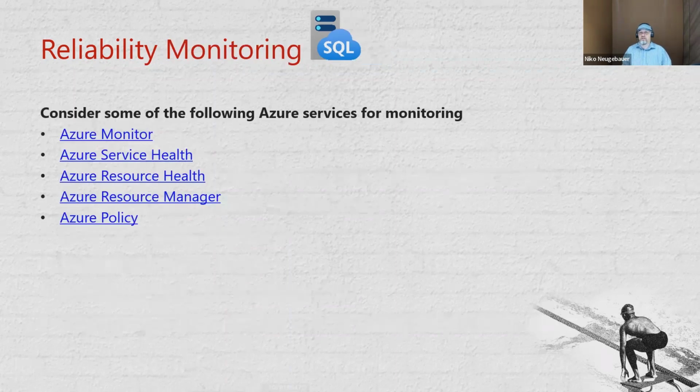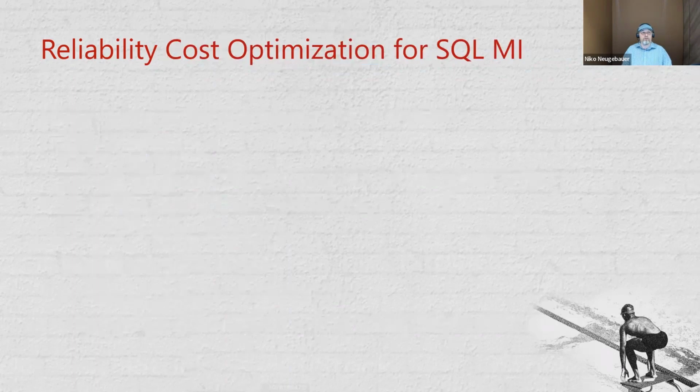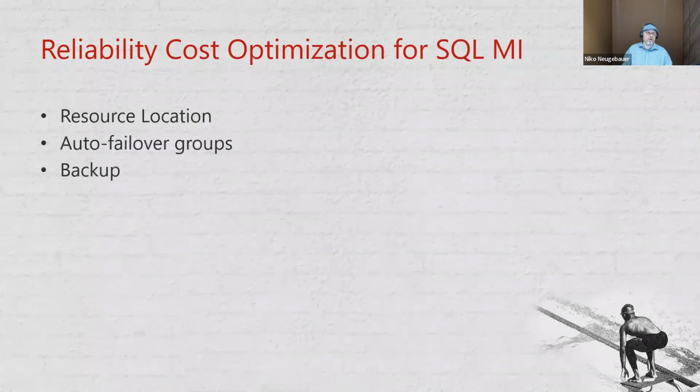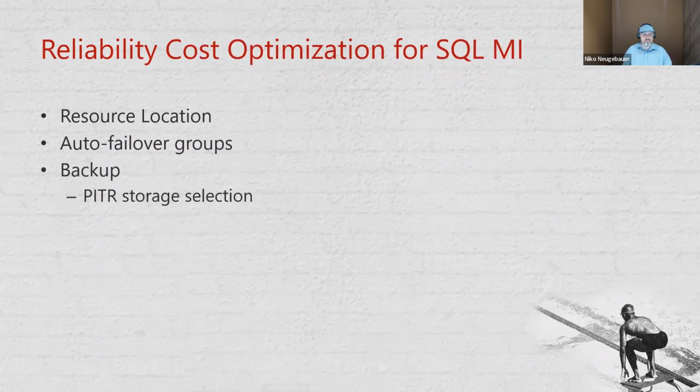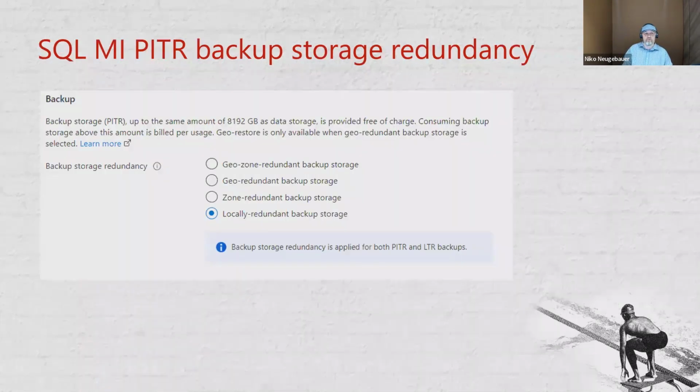Reliability slide, already shown to you. So resource location, auto failover groups, and backups. On the backups, I'll talk about two things. Point in time restore: you have 4 current choices for the backups: zone redundant, geo redundant, geo-zone redundant, locally redundant.